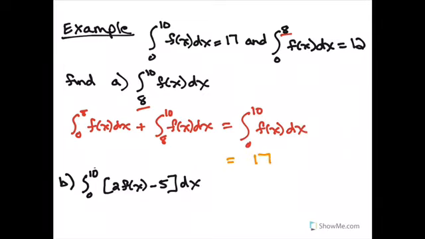We know from 0 to 8, it's 12. So I have an equation here. So my integral from 8 to 10 would be what? It's going to be 5, right? 17 minus 12 is 5.